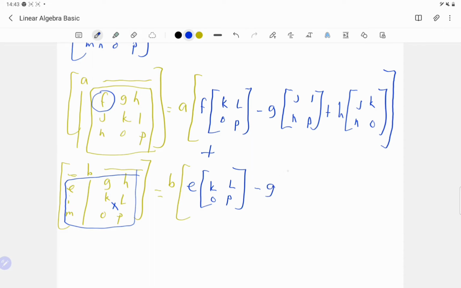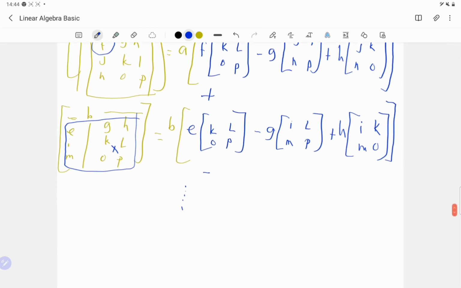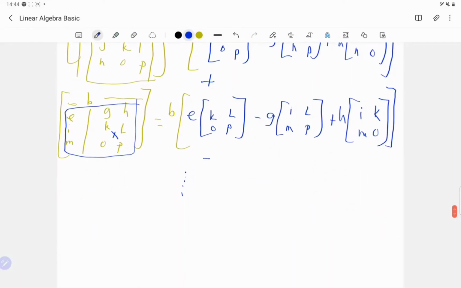It's G, I, L, M, P, then H, I, K, and M, O. Okay, then minus, and so on and so forth. I know you can do it, but I will stop it here since it's already a long process.